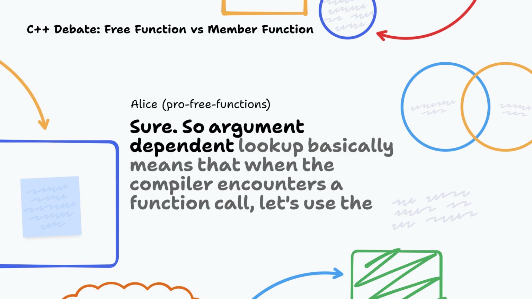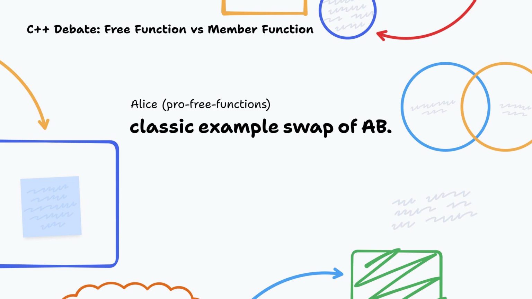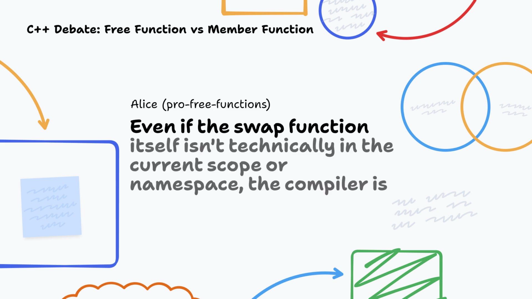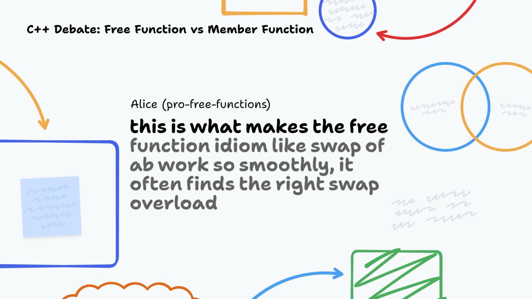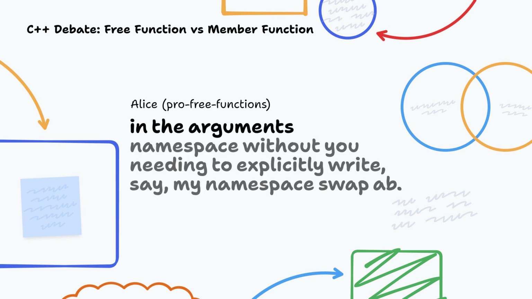So argument-dependent lookup basically means that when the compiler encounters a function call, let's use the classic example, swap(a, b), even if the swap function itself isn't technically in the current scope or namespace, the compiler is smart enough to also look inside the namespaces associated with the types of the arguments, a and b. And this is what makes the free function idiom like swap(a, b) work so smoothly. It often finds the right swap overload in the argument's namespace without you needing to explicitly write, say, mynamespace::swap(a, b).